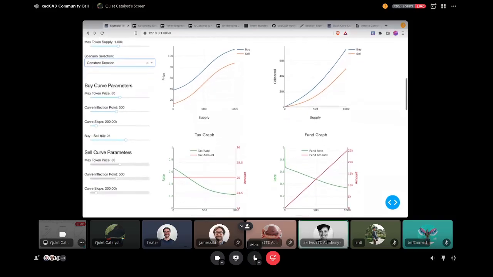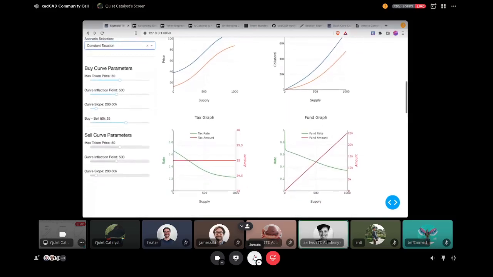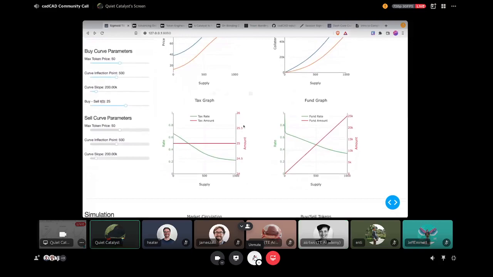Actually, who would you expect to be the users of this application? Well, I guess people who are planning token economies, or people who want a deeper understanding of token economies. At this stage, I think I mentioned, it's kind of like a sandbox.